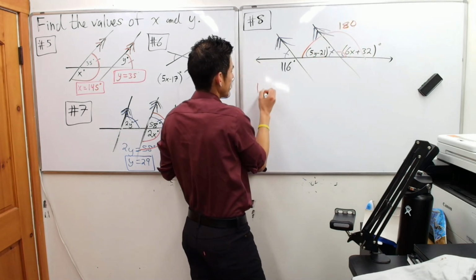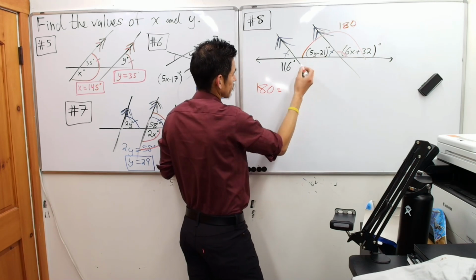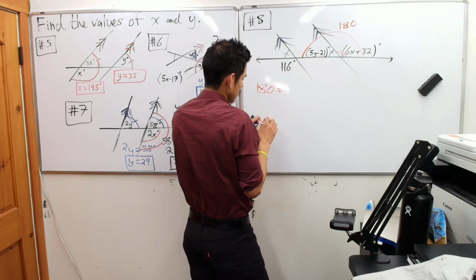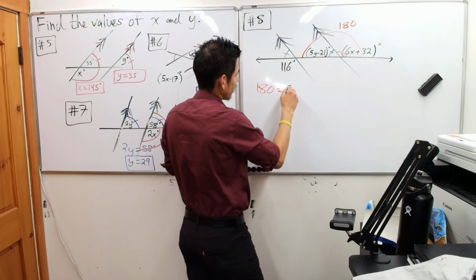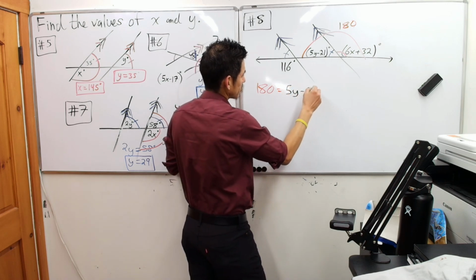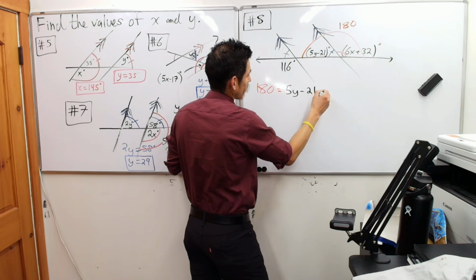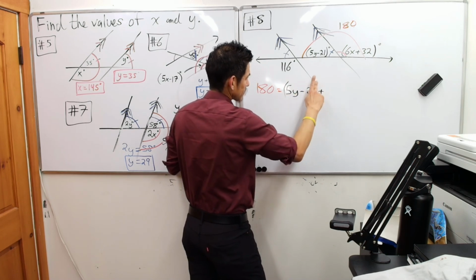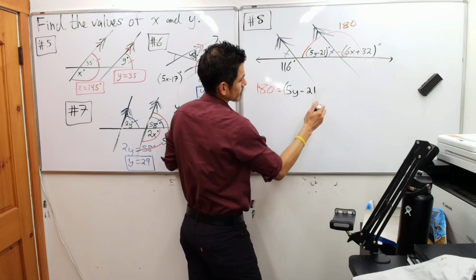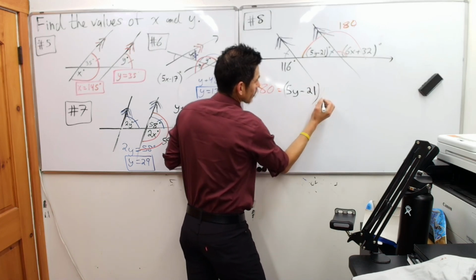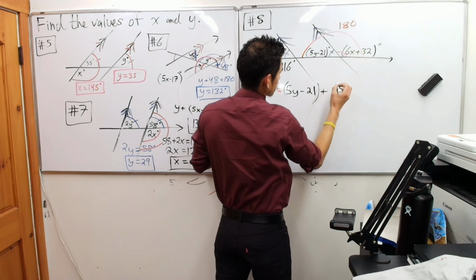So we can go 180 equals 5y minus 21 plus 6x plus 32.